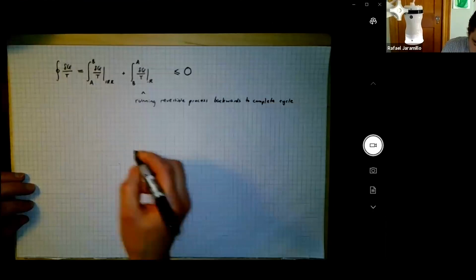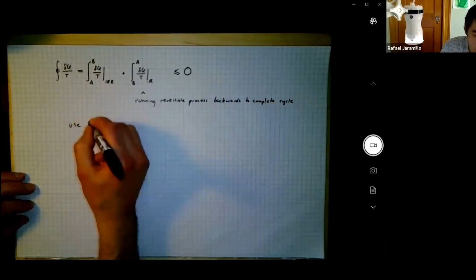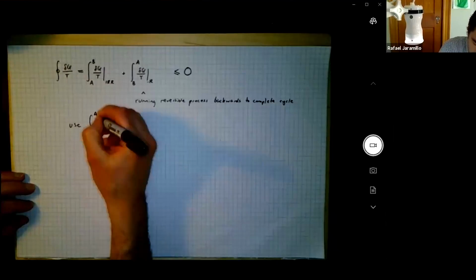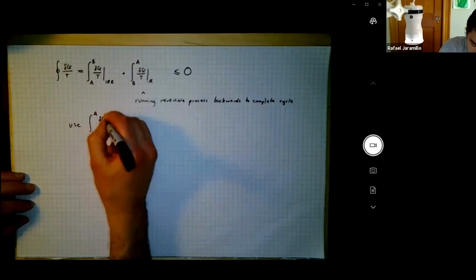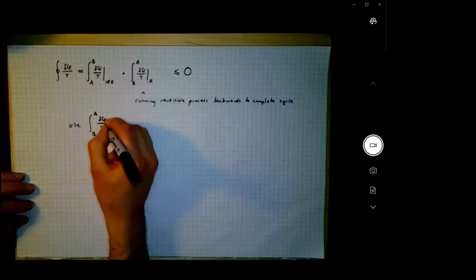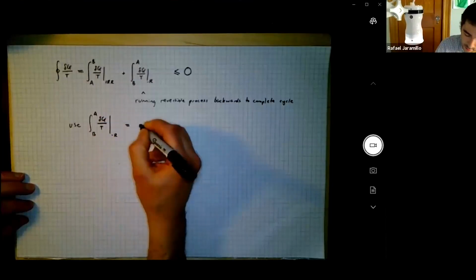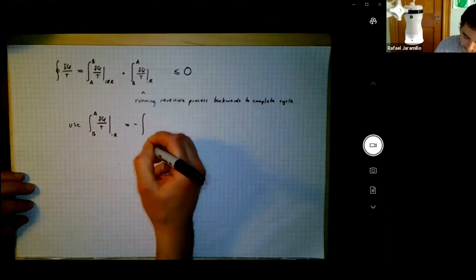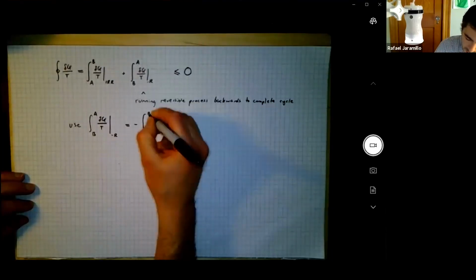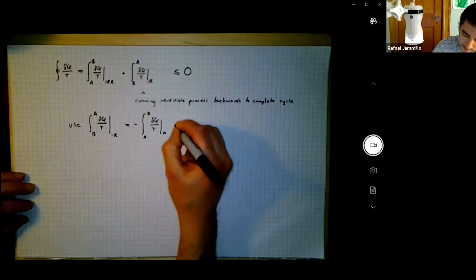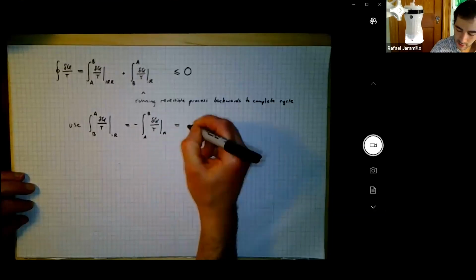Now we're going to use this thing which we used before. Minus the reversible process equals minus the forward process. And we postulated this is the change of a state function.